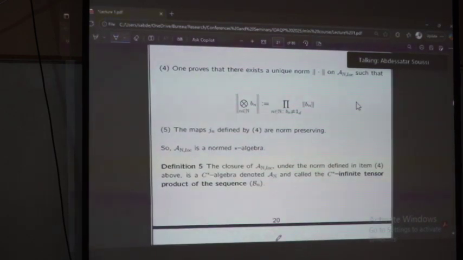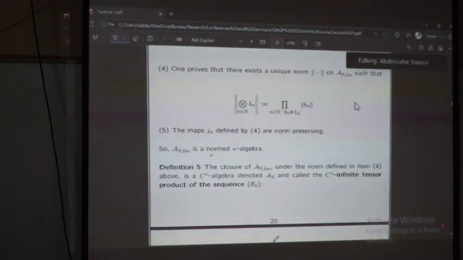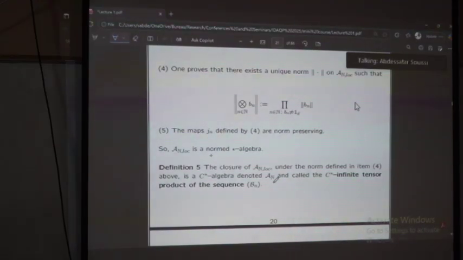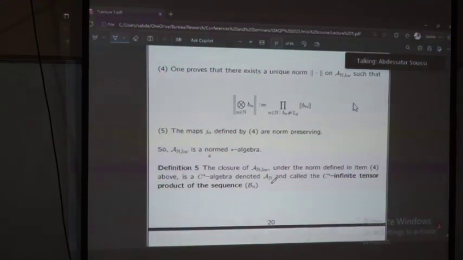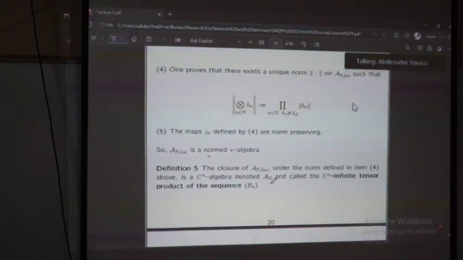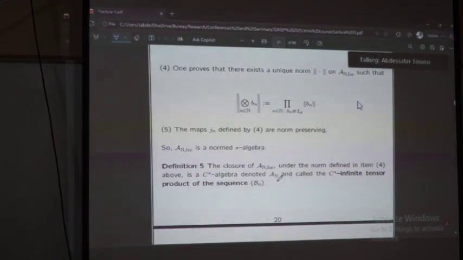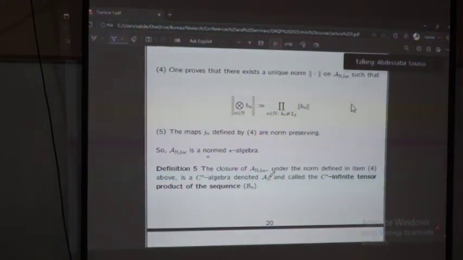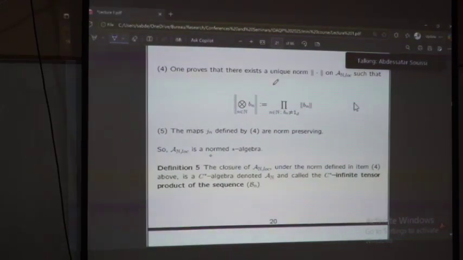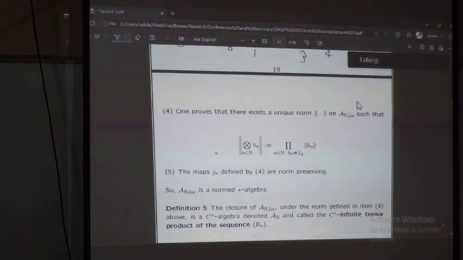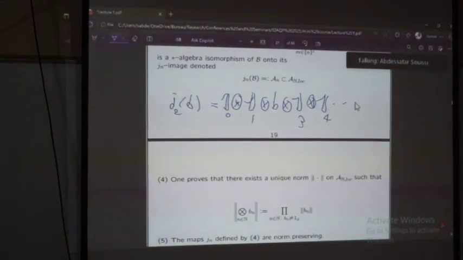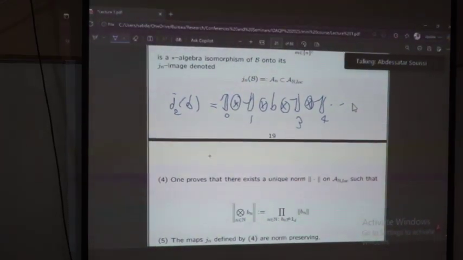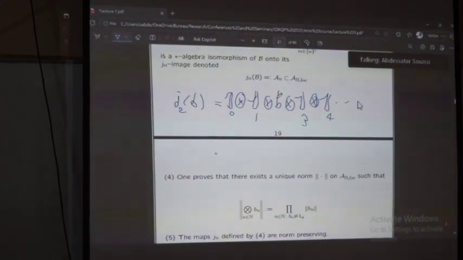And then the maps j_n defined by the formula defined before are isometries, of course, since the norm of the identity equals 1, then the norm of this quantity is the same as the norm of the first element that we consider. The norm of j_2 of B is the same as the norm of B, because the norm of 1 equals 1 for the system.